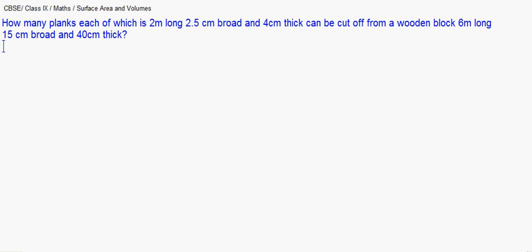So let us find the volume of the big wooden block and then also find the volume of each plank and then divide it. That will give the number of planks. The volume of the wooden block will be given by length into breadth into height.